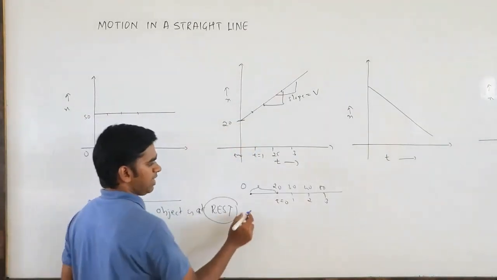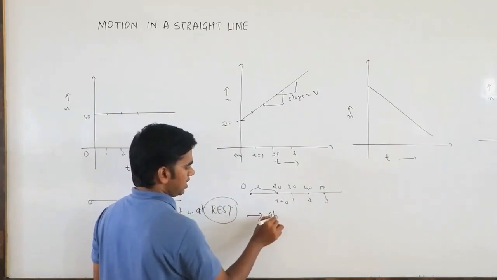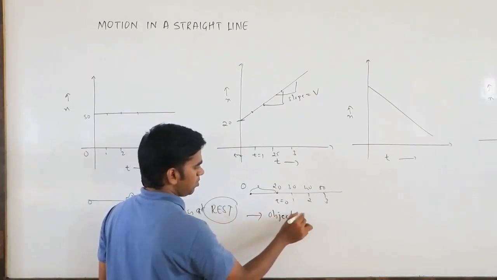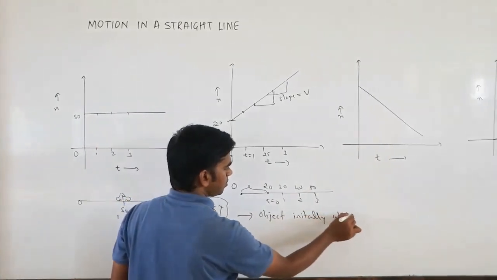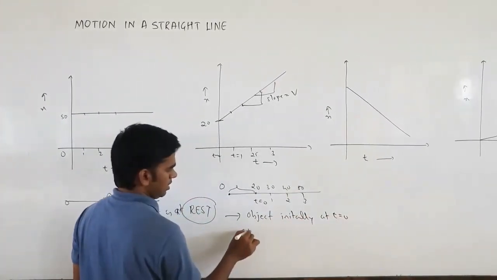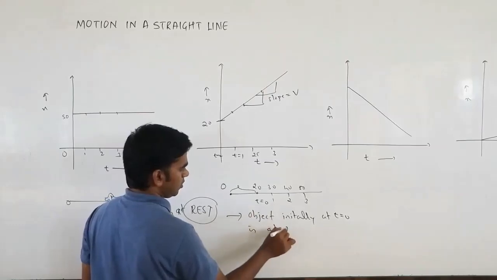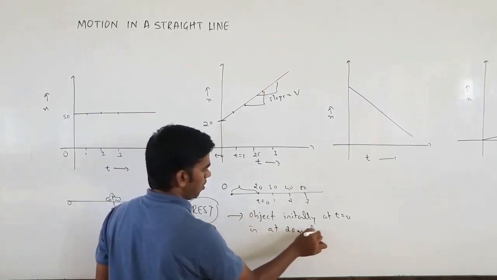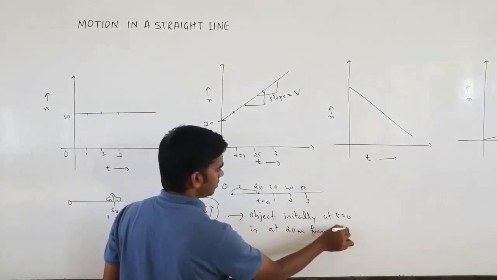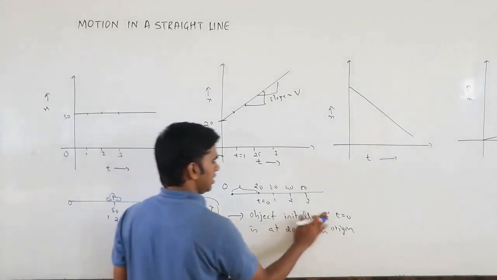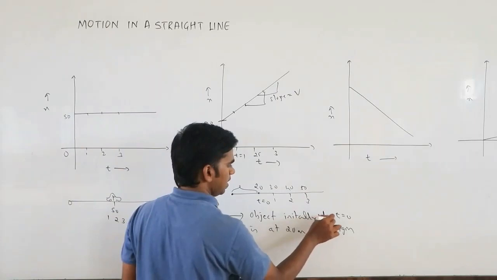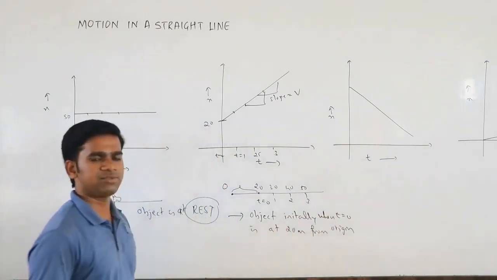So what can we conclude here? The object initially, when t equals 0, is at 20 meters from the origin.